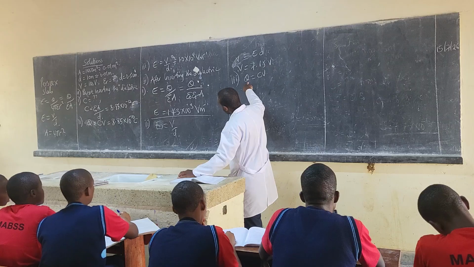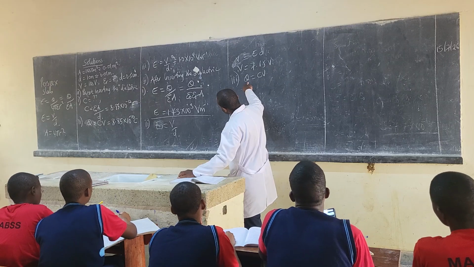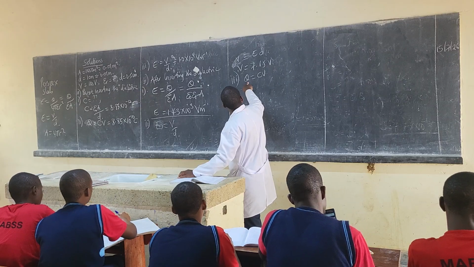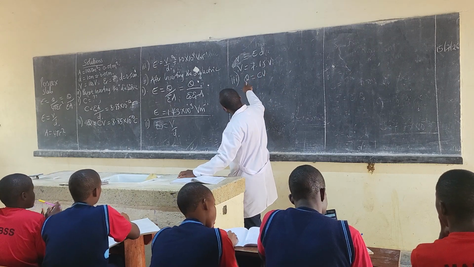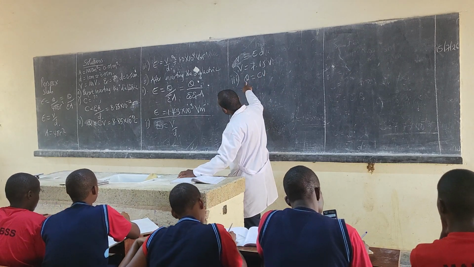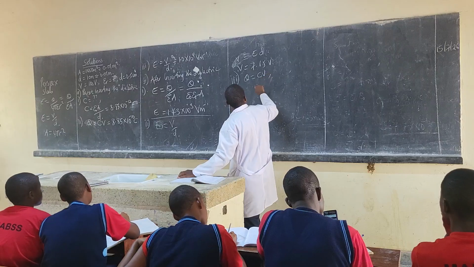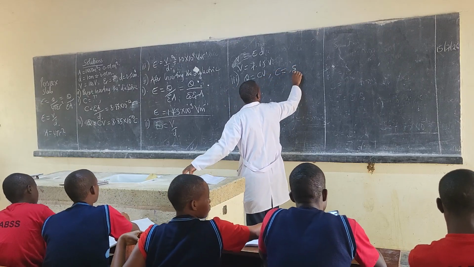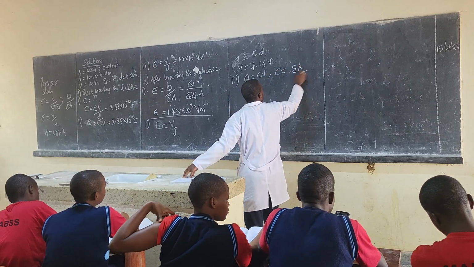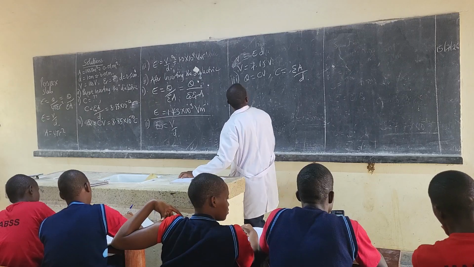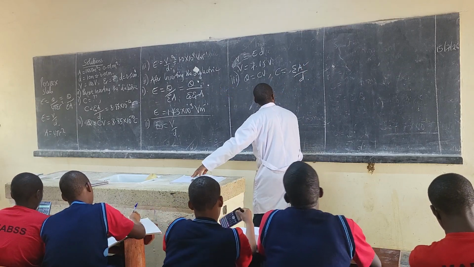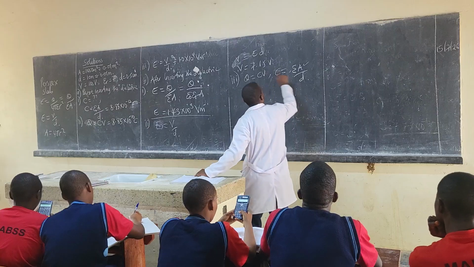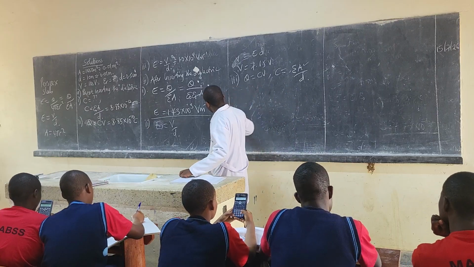Do you have Q? What are you looking for? Capacitance. Do you have Q? Do you have V? Then you can also find C as epsilon A over D. Of course, the area of the plates did not change. The separation changed. Then this one is epsilon naught epsilon R.